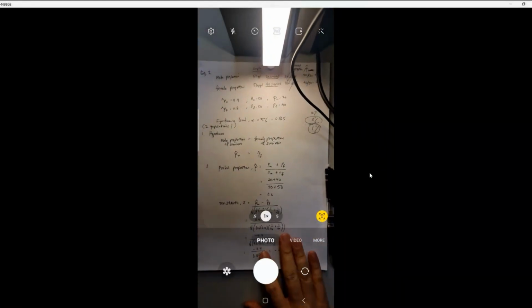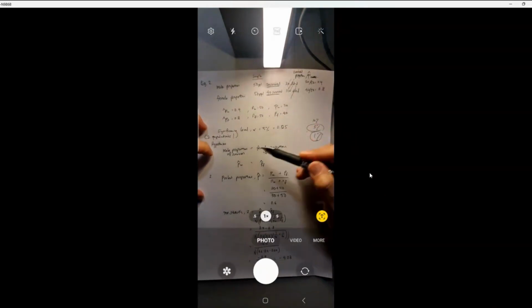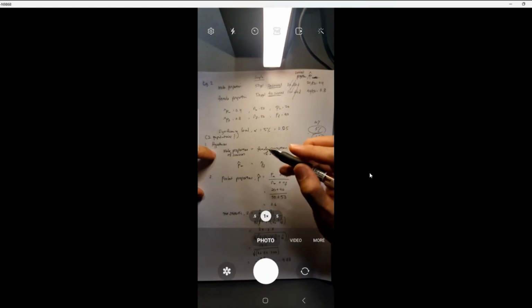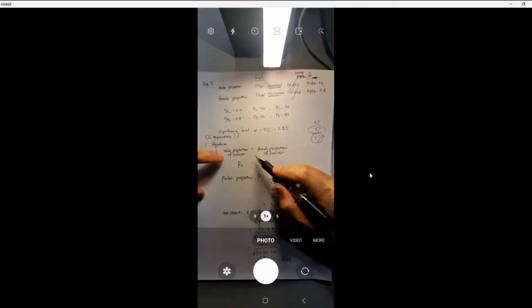Okay, so let me explain what happened. I already acquired all the data from the question. Okay, this is where I stopped just now. Then the hypothesis is that, remember, null hypothesis is always that there's no difference.